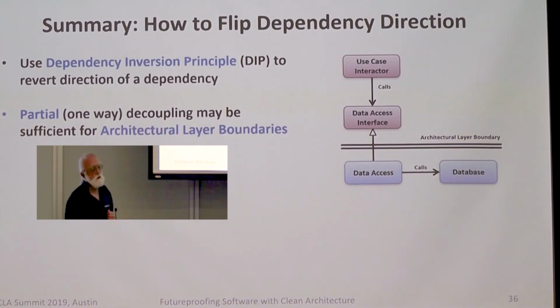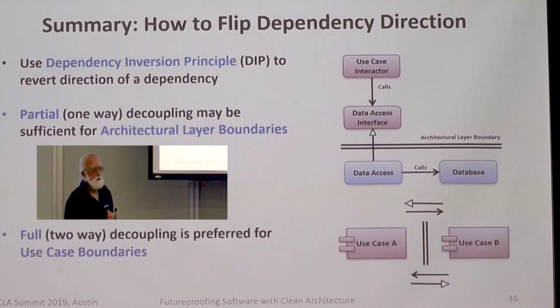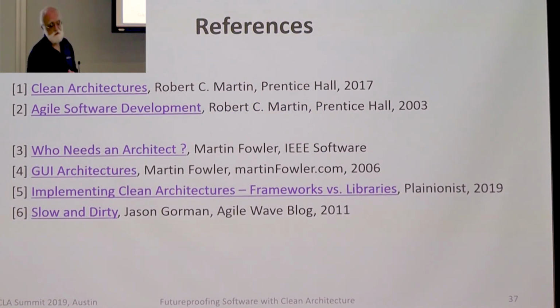Use the dependency inversion principle, and remember that it is very expensive to introduce an architectural boundary after the fact. But on the other hand, we don't force you to introduce them in every place because, again, it's expensive. And these are the differences.